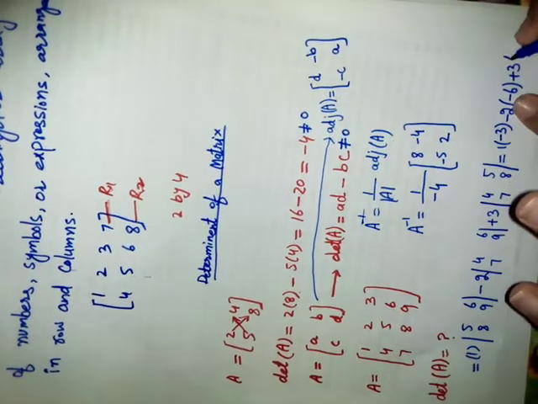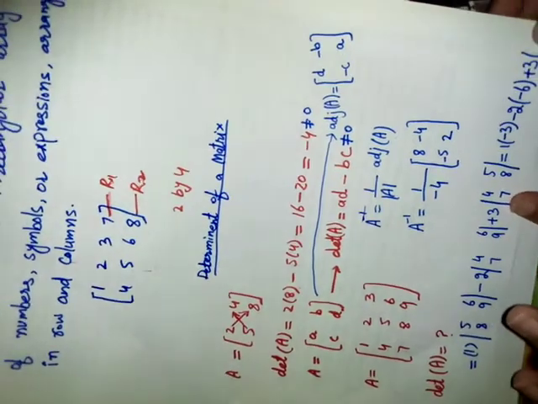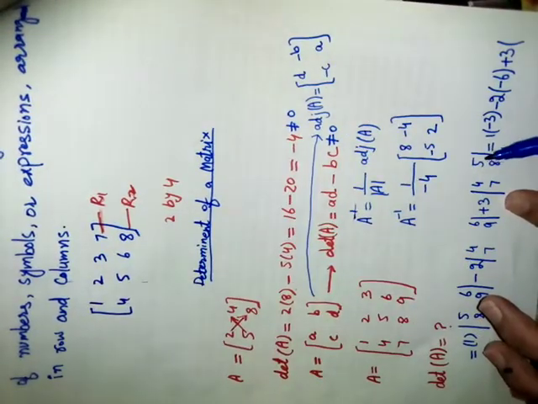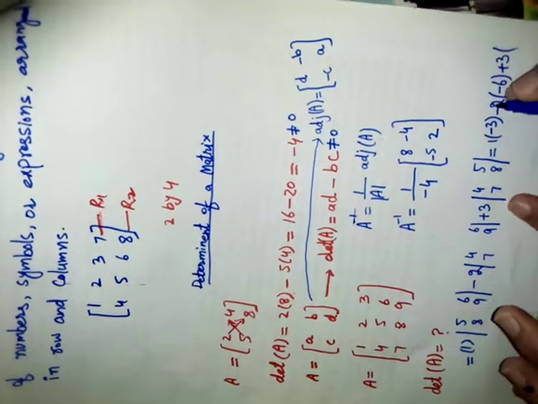Plus 3 times: 8 fours are 32 minus 7 fives are 35. 32 minus 35 will be minus 3.